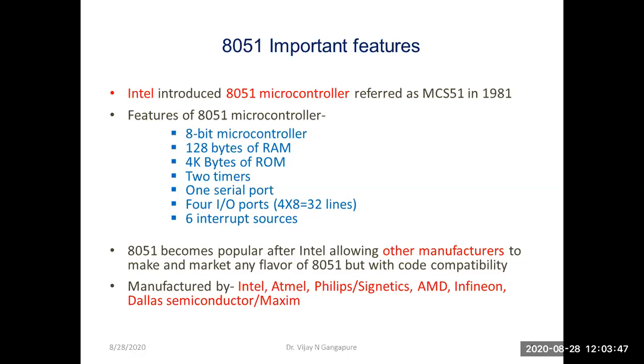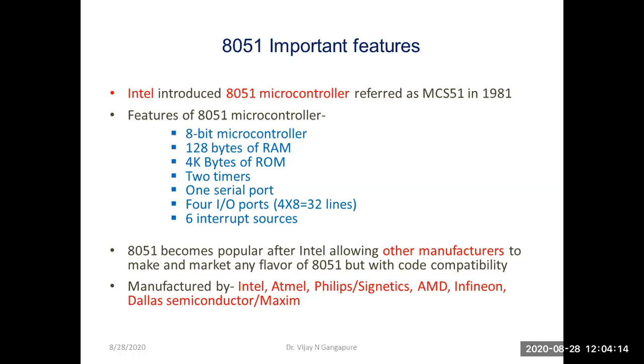So these IO ports can be used to interface external peripherals with 8051. 8051 microcontroller is having 6 interrupt sources, like external interrupts, INT0, INT1, timer interrupt, then serial port interrupts, etc.